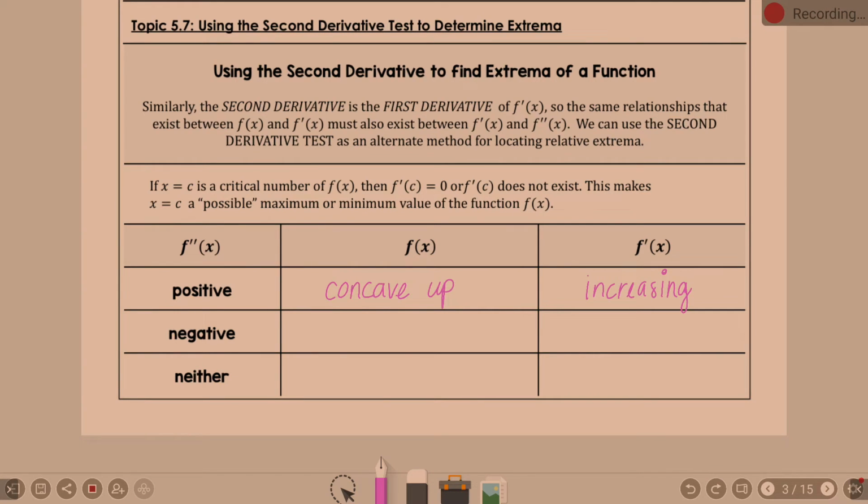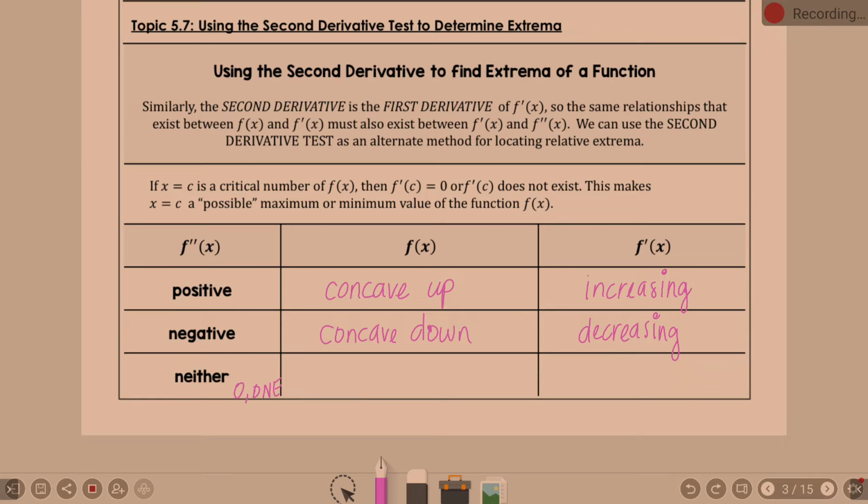If the second derivative is negative, that means my original function is concave down. My first derivative then would have been decreasing. If my second derivative is neither positive nor negative, what are my options? It's either 0 or undefined, does not exist.